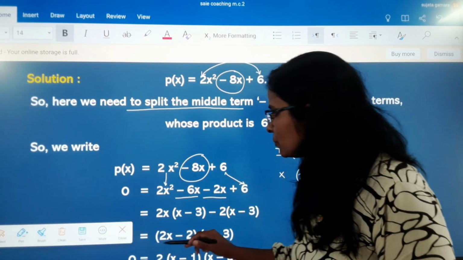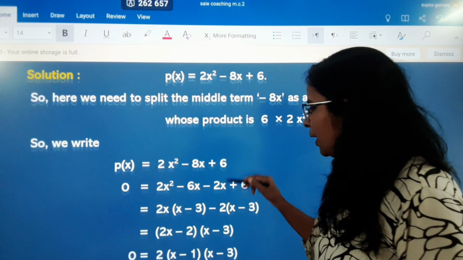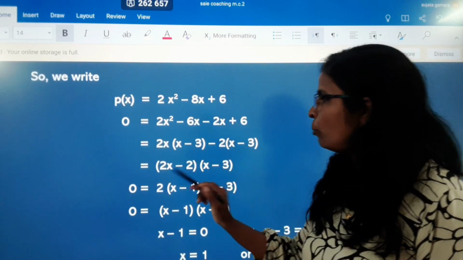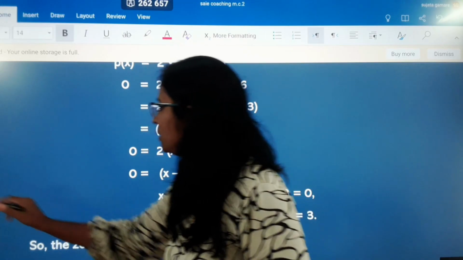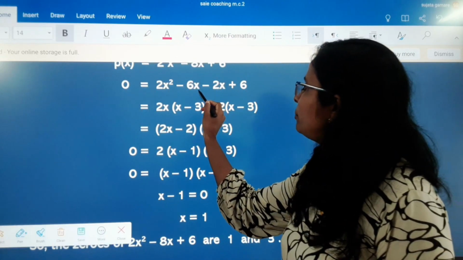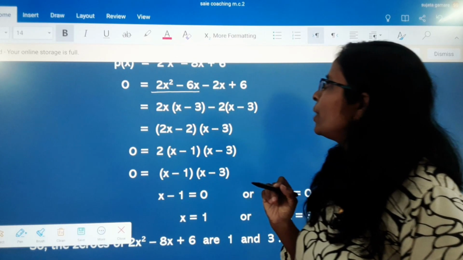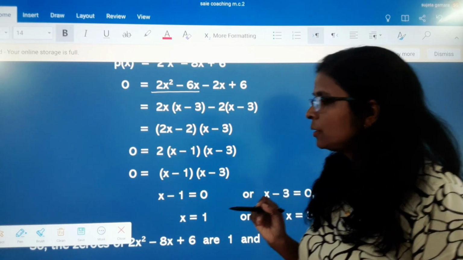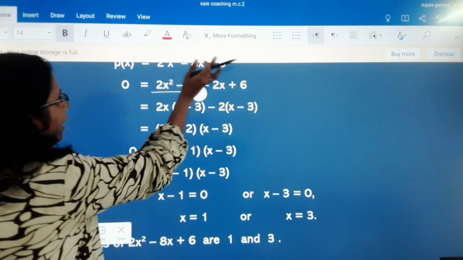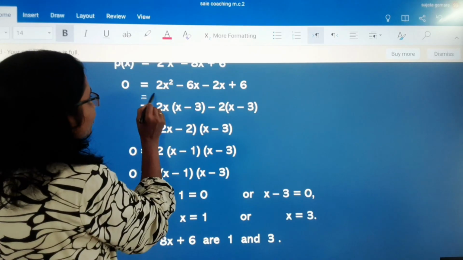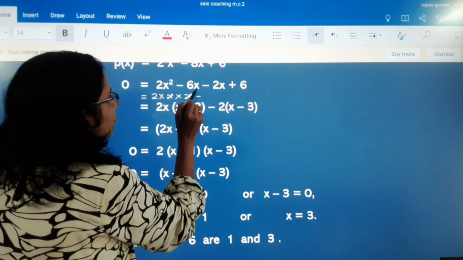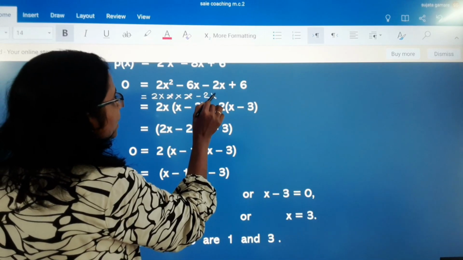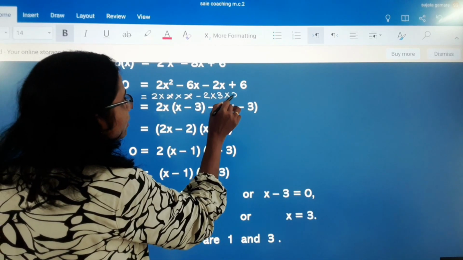Okay. So now let us see what is common between 2x square minus 6x. You can write it as 2 multiply x into x minus 2 multiply 3 into x.